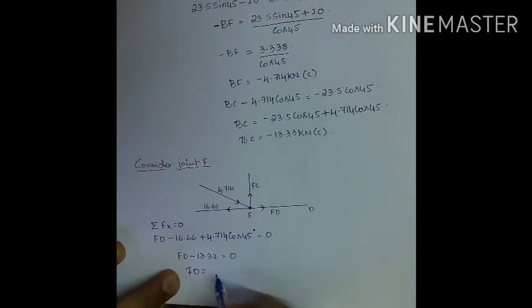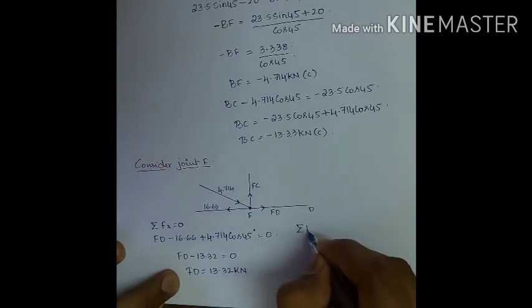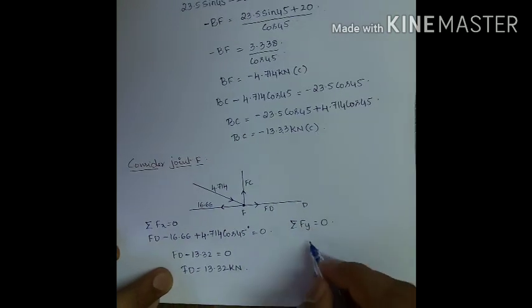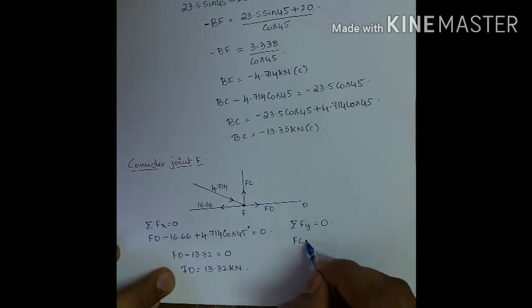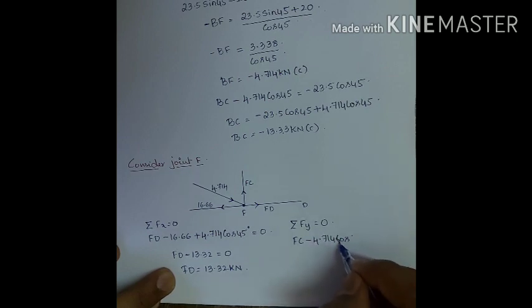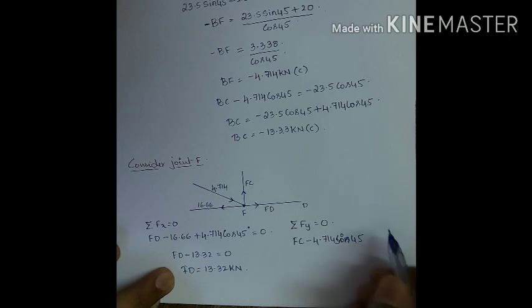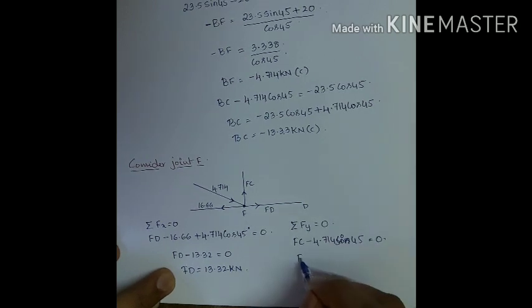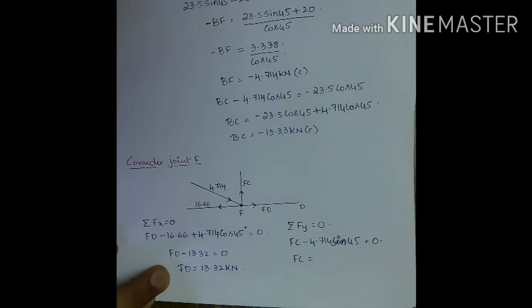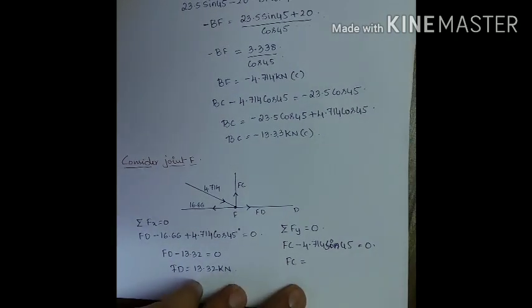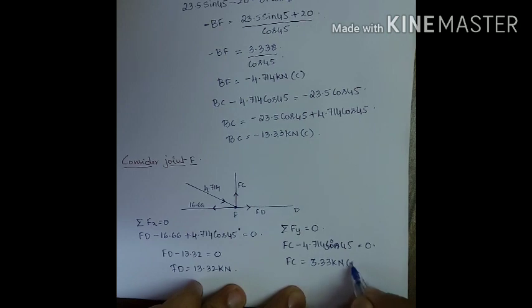So FD is equal to 13.32 kilonewton. Considering summation of Fy now, FC minus 4.714 sine 45 is equal to 0. So FC is equal to 3.33 kilonewton. So both are under tension.